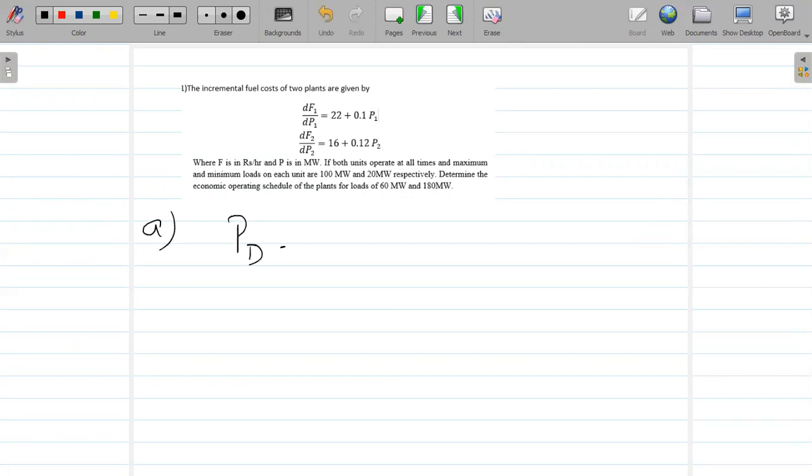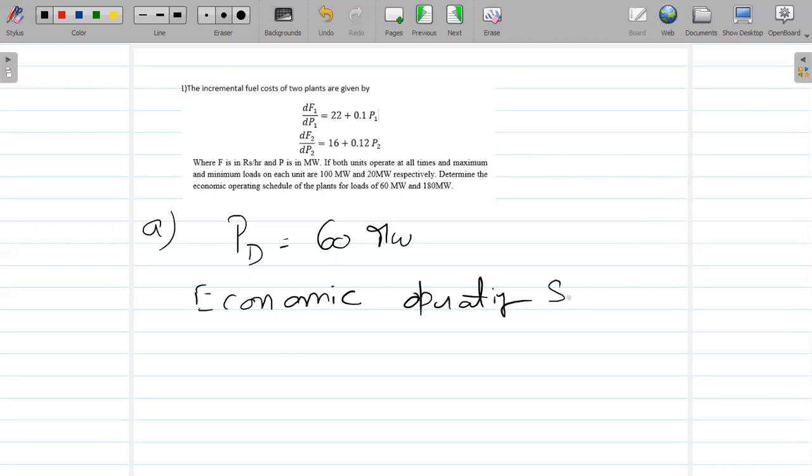So PD equal to 60 megawatt. This is the first case. What is the economic operating schedule? Here we are not considering any losses. Therefore, the economic operating schedule will be dF1 by dP1 equal to dF2 by dP2.